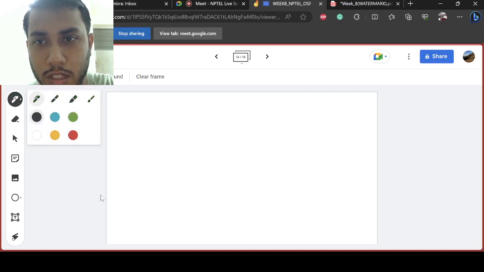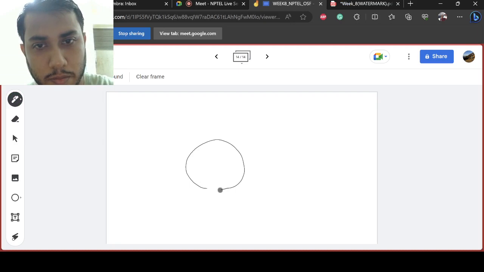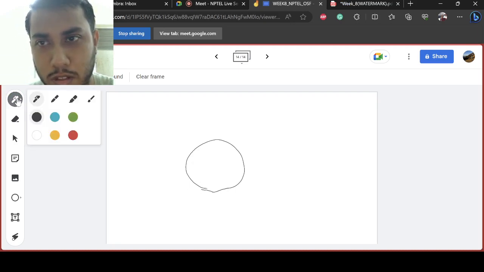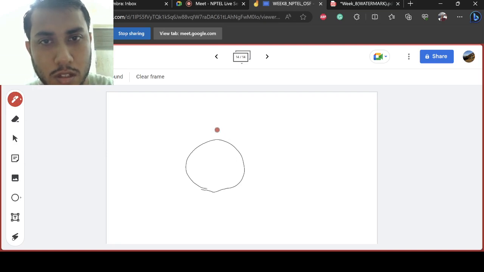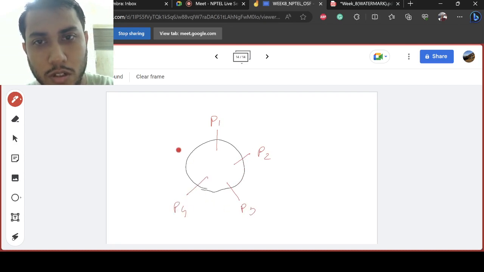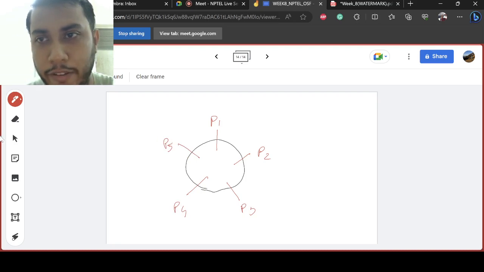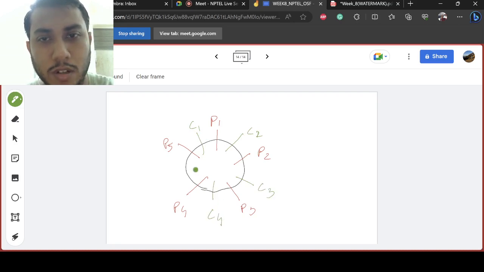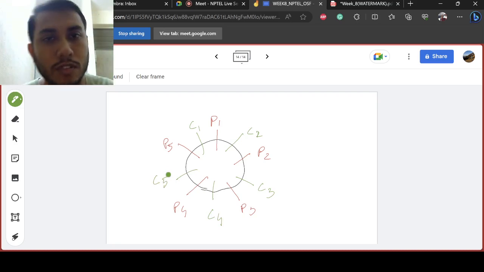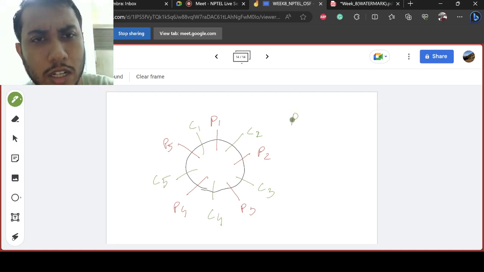So you have a table, you have philosophers P1, P2, P3, P4, and P5, and you have 5 chopsticks simultaneously: C1, C2, C3, C4, and C5.